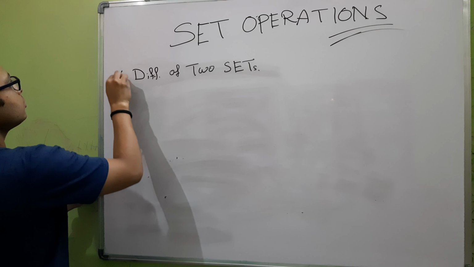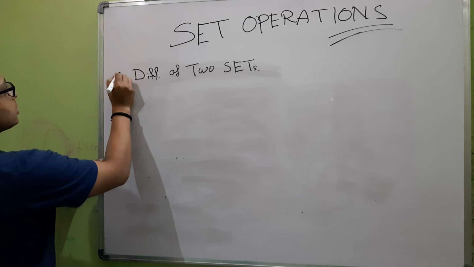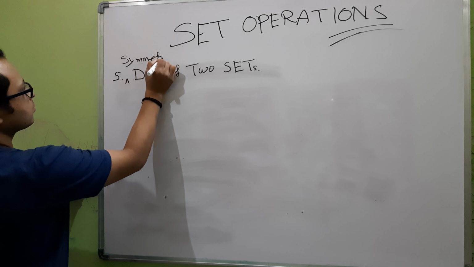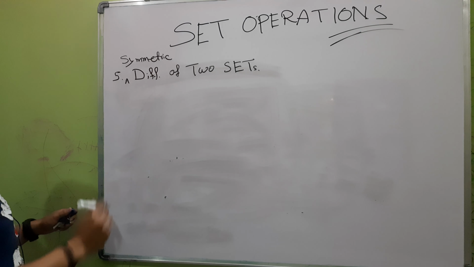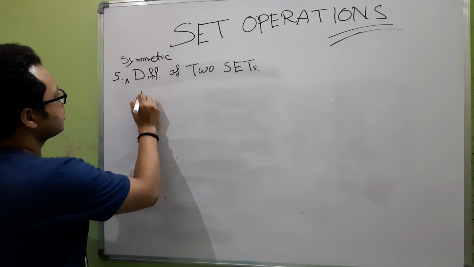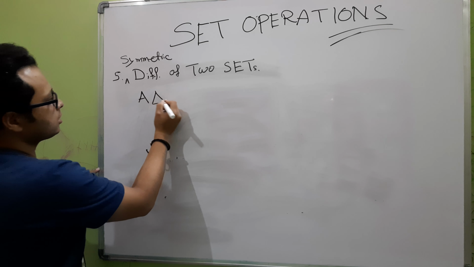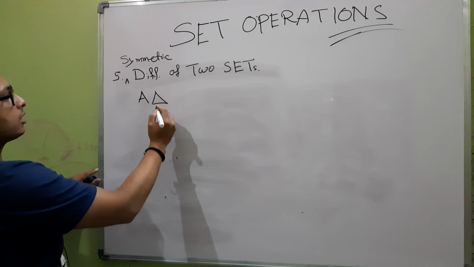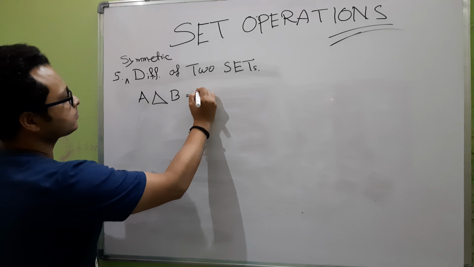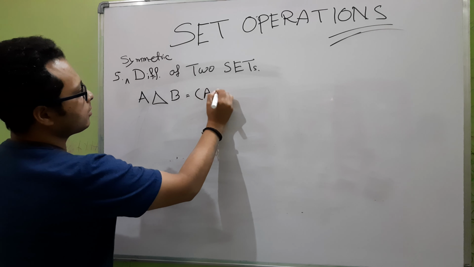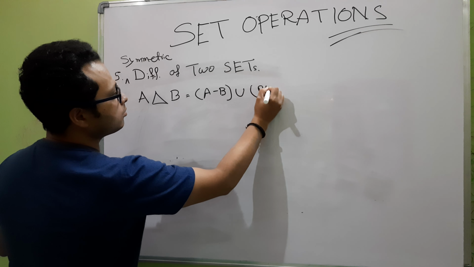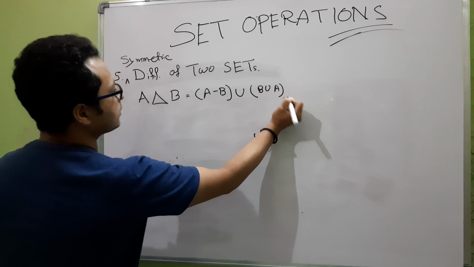Now we are going to take the fifth operation, that is the symmetric difference of two sets. In the symmetric difference of two sets, we represent it like that, A symmetric difference B, and it is represented as A minus B union B minus A, right?